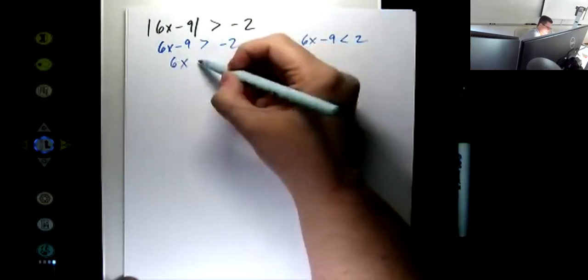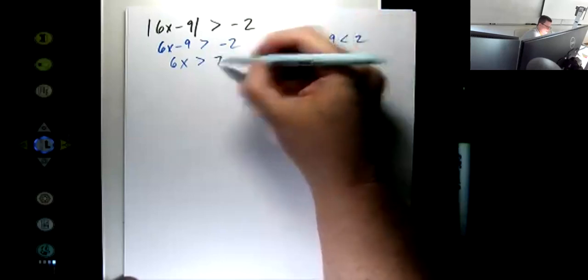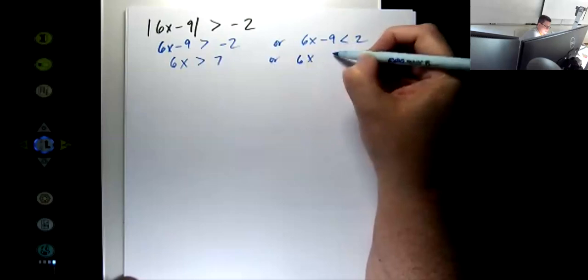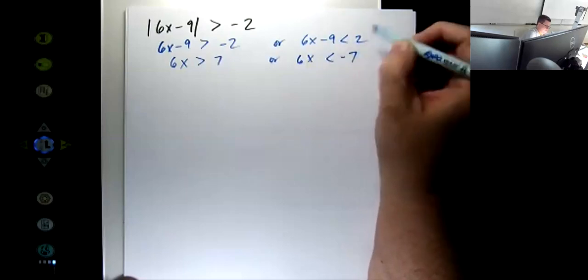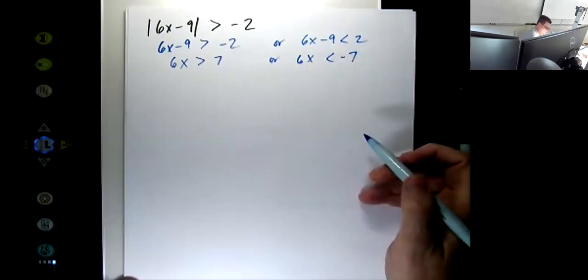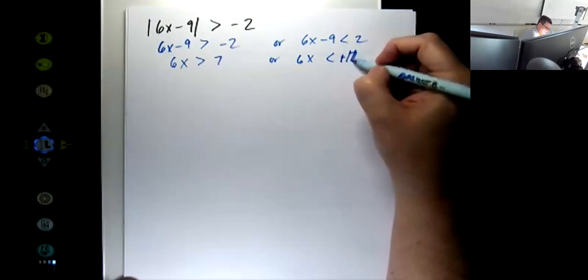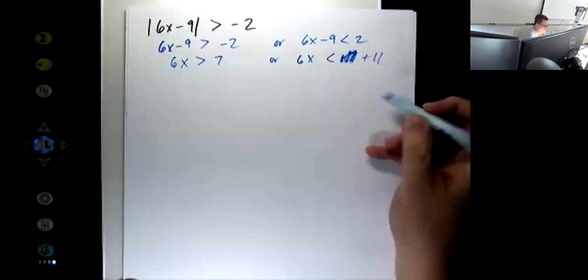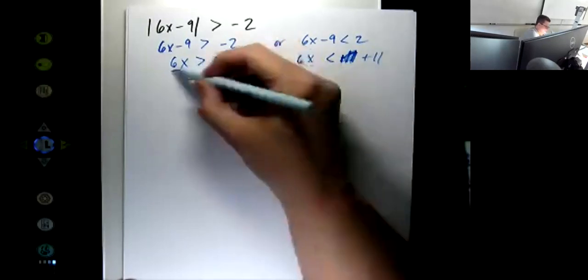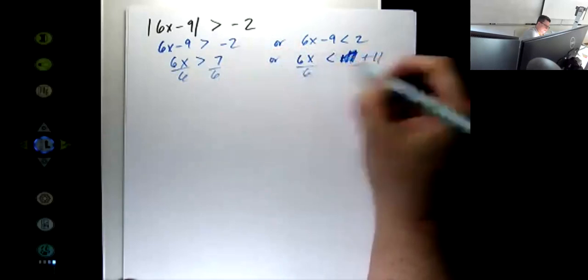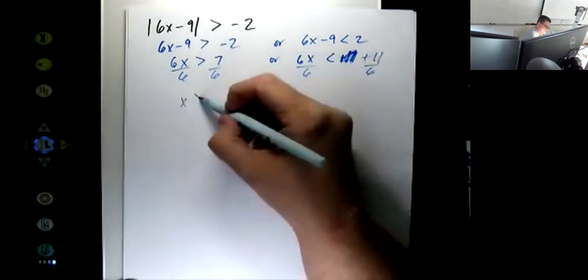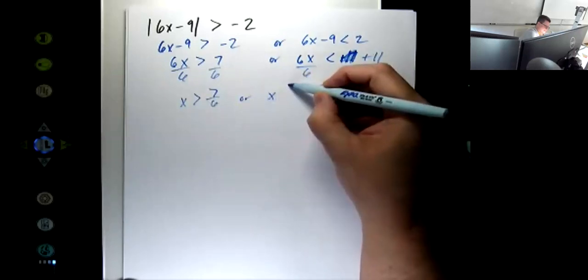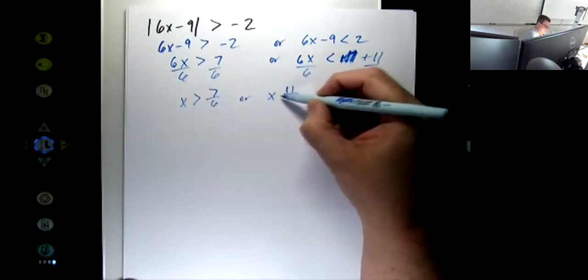Add 9 to both sides. This is 6x is greater than 11, or 6x is less than 7. Divide by 6. And get x is greater than 11/6, or x is less than 7/6.